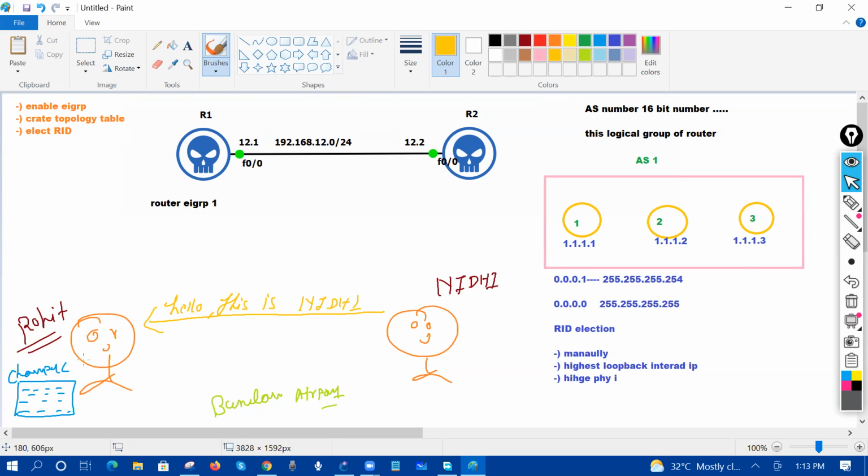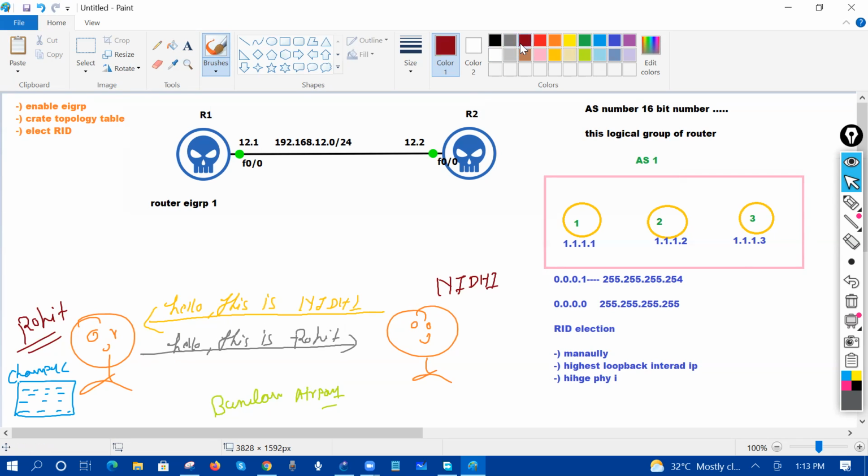If Rohit understands this language, because maybe Rohit doesn't know English, who knows, maybe he only knows Hindi, Tamil, or Punjabi. If Rohit understands this language, or agrees, then he will say, okay, hello, this is Rohit.